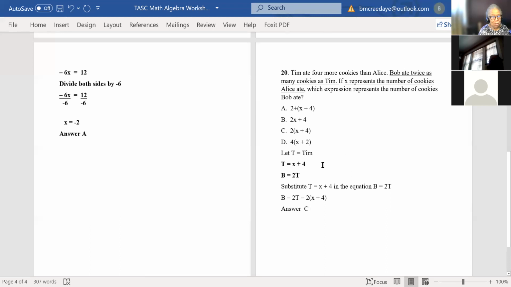So at this point, you have exactly what you need. And this T has the X in it, X plus 4. So 2 times the expression X plus 4, because they didn't ask you to solve it. They asked you to pick the expression that represents the number of cookies that Bob ate.